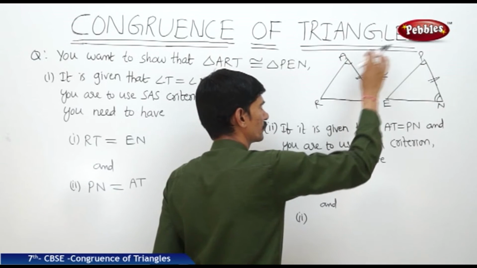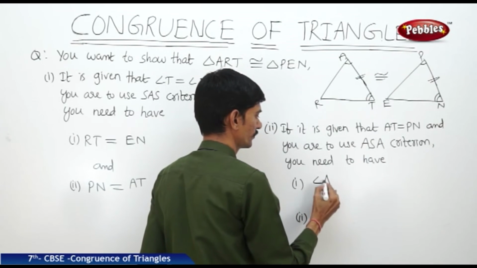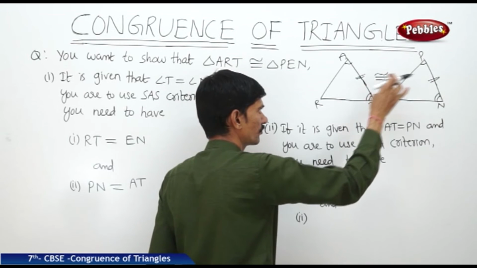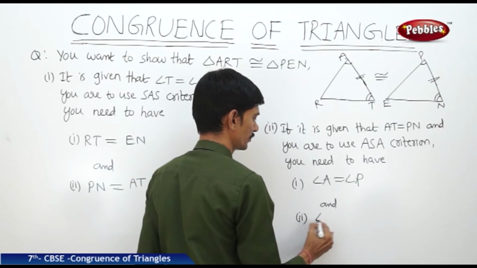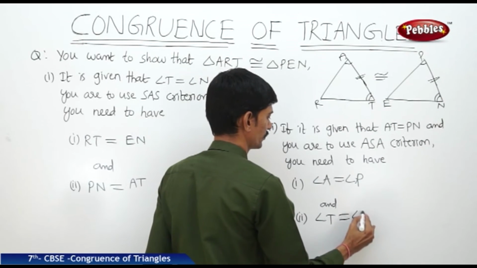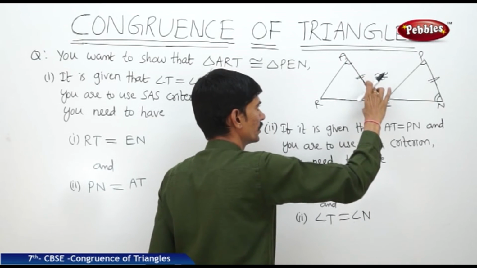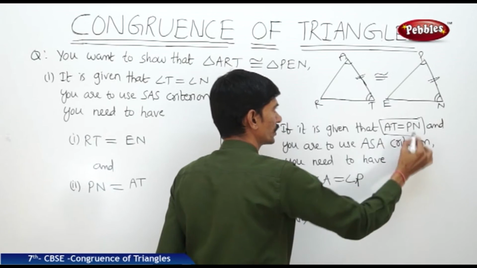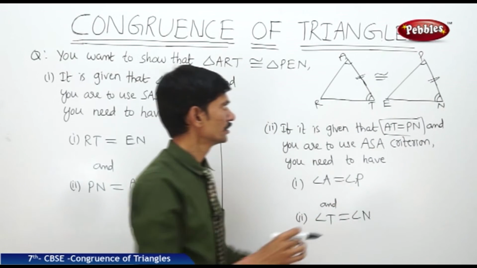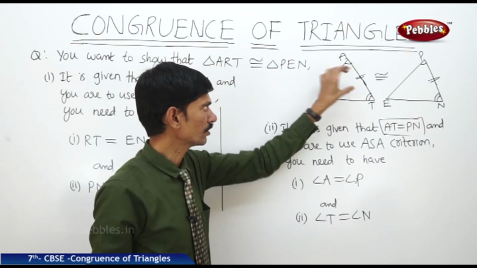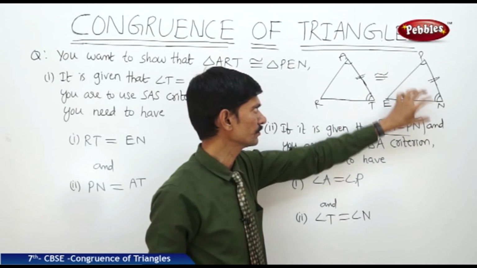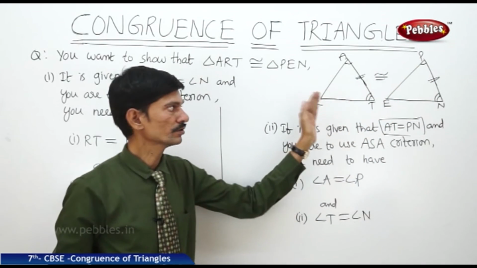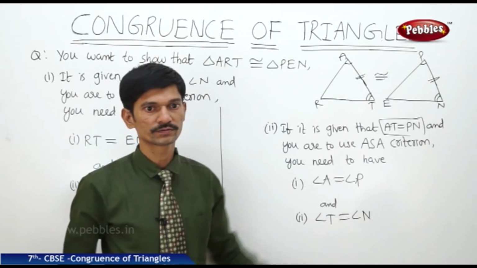We can take angle A equals angle P, and second angle T equals angle N. Then AT equals PN, which is already given in the question, so these two are the included sides. Now the two angles and included side of one triangle are respectively equal to two angles and included side of the second triangle. So these two triangles are congruent.